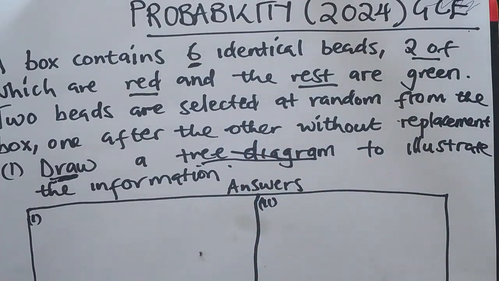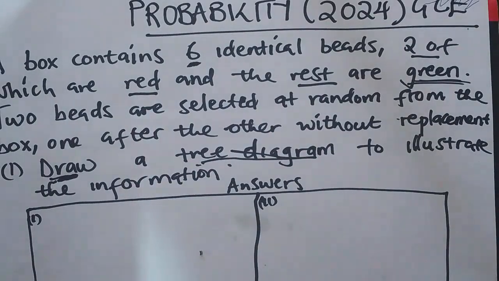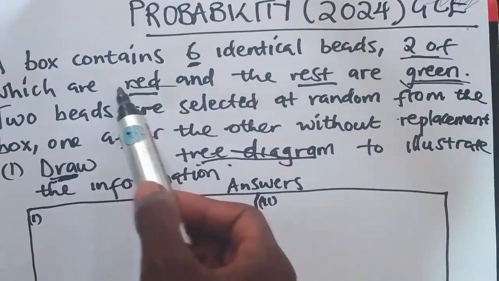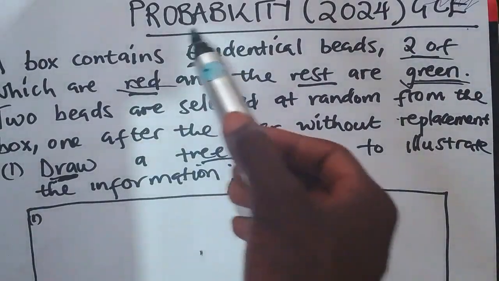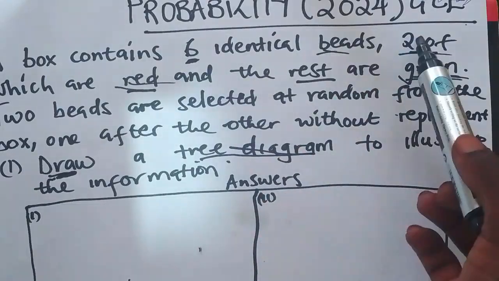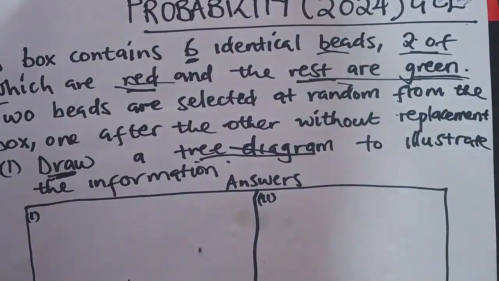The first thing you need to do is find the number of green beads, because we only have the number of red beads. But since they have told us that in the box we have 6 identical beads, if we just subtract 6 minus 2, we'll get the number of green.